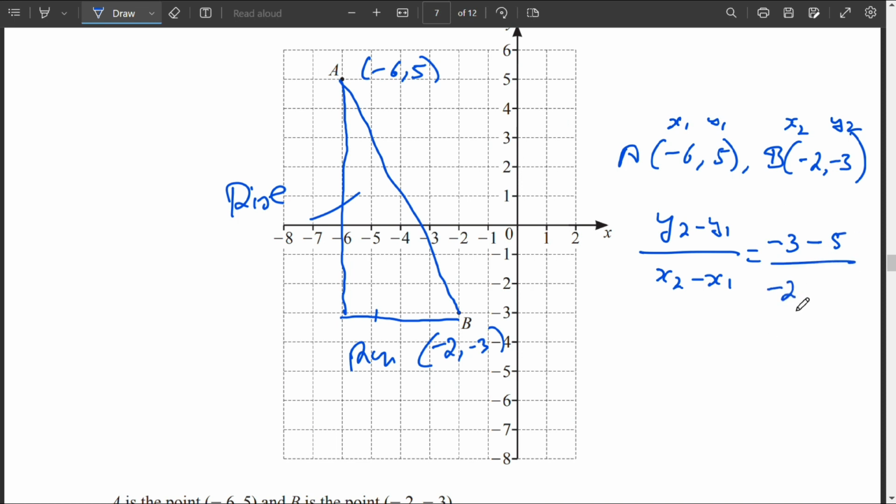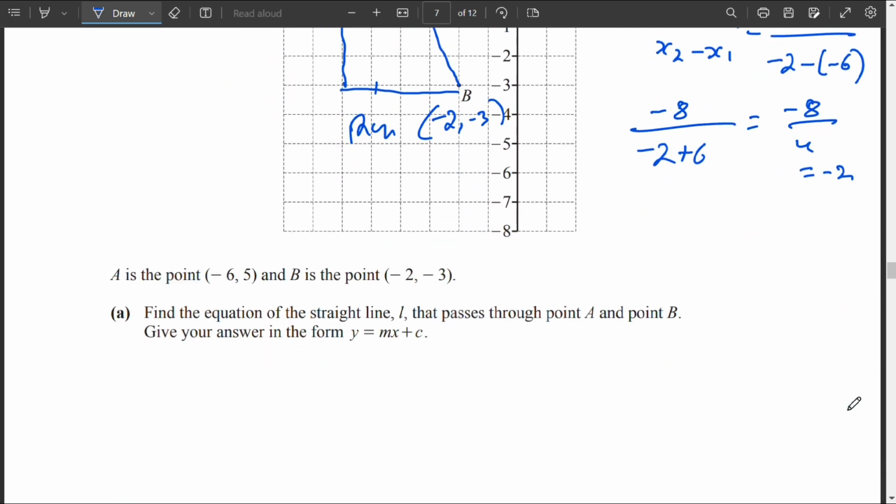Then x2 is minus 2 minus x1, which is minus 6, so minus of minus 6. So minus 3 minus 5 is minus 8, but this will be minus 2, minus minus will become plus, so plus 6. So this is minus 8 upon minus 2 plus 6 is 4, so that equals minus 2. The slope of this line is minus 2. Hence m of this line is minus 2.